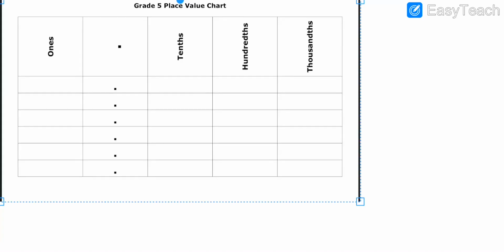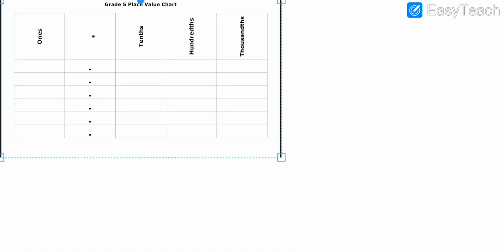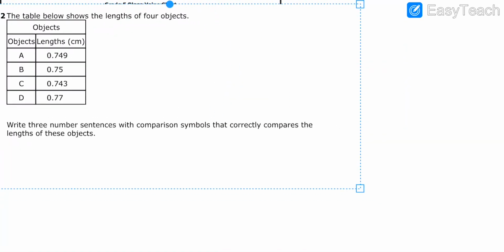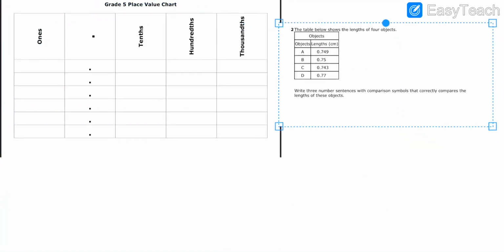And pull a place value chart back up. Then I'm going to show you the problem side by side, just so that you can go back to these whenever you get a chance. And so here we are.